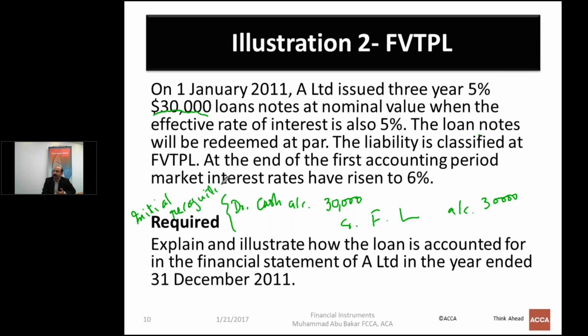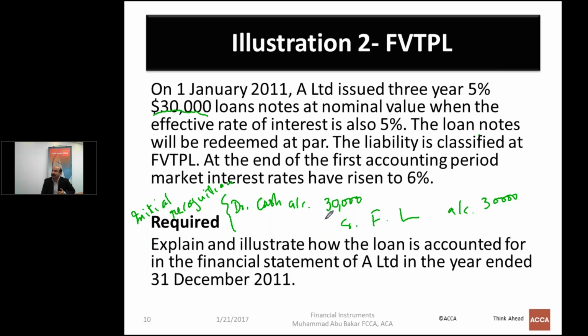There is no discount, there is no premium, and there is no issue cost as well. Had it been there, issue cost would not have been deducted from this 30,000, because we learned in our earlier slides that where a financial liability will be kept subsequently at fair value through profit and loss account, on its initial measurement, fair value will not be reduced by the issue cost.